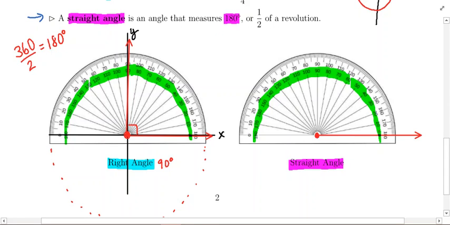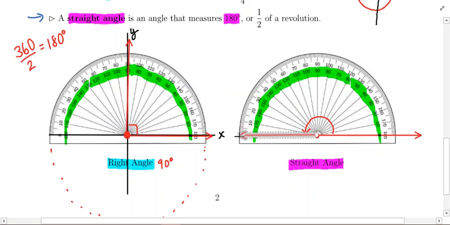If you follow your numbers, you go from 0 on the right all the way to 180 on the left. So we're going to rotate this way, and your terminal side will end up over here. You draw it this way so that you go through the 180 mark.